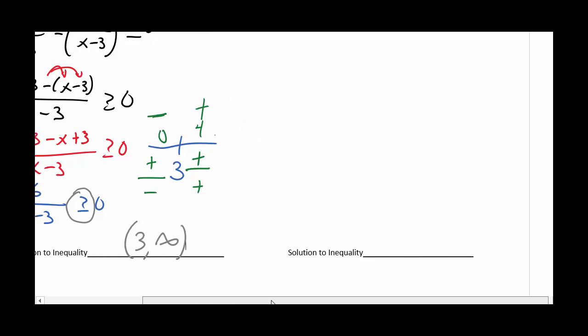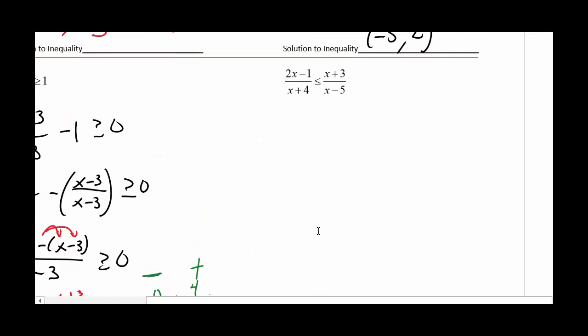All right, let's go to the last example. Again, a little more complicated, so a little more work involved, but that's okay. I'm going to bring the (x plus 3)/(x minus 5) over to the left. So (2x minus 1)/(x plus 4) minus (x plus 3)/(x minus 5) is less than or equal to 0.